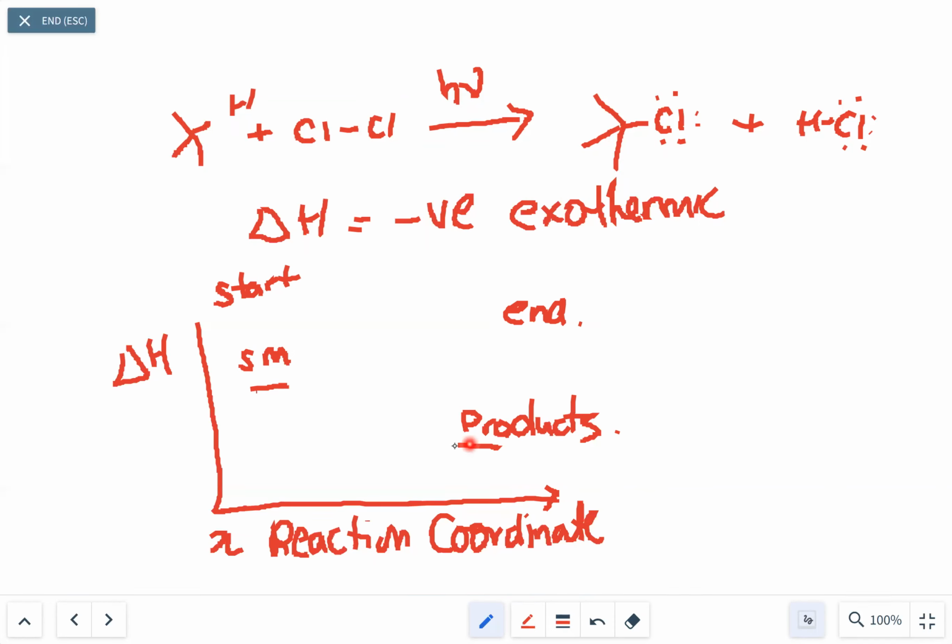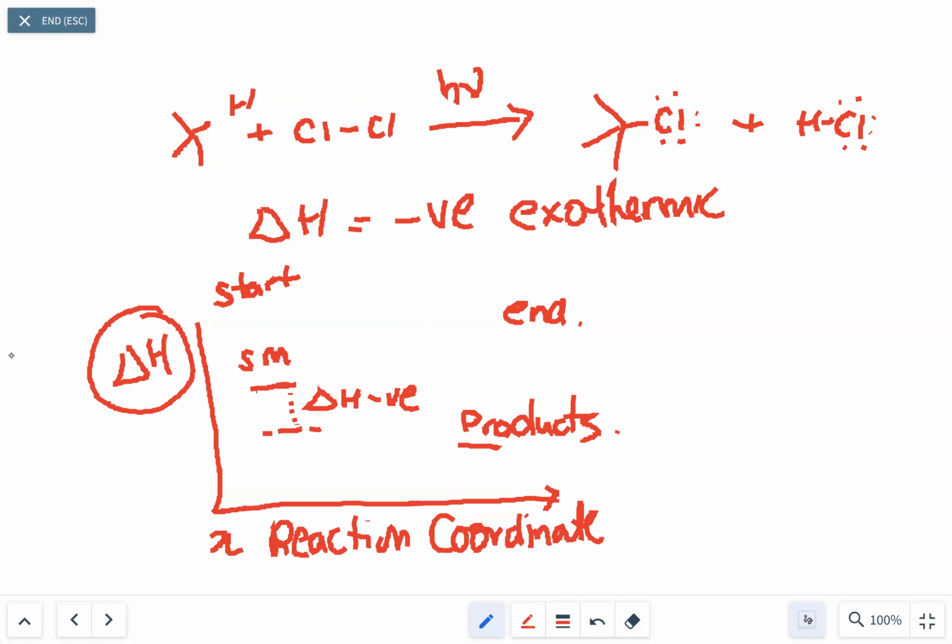And you are going to go down. So this number here is a negative, this delta H is negative. So this is enthalpy. This is only dealing with heat. It doesn't take into account entropy at all.